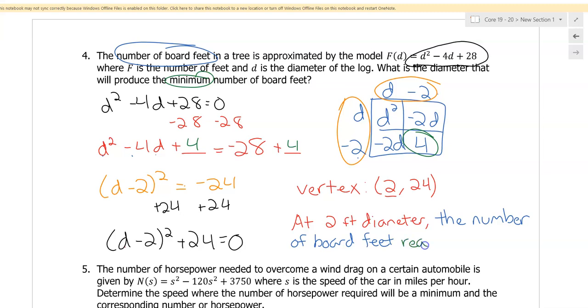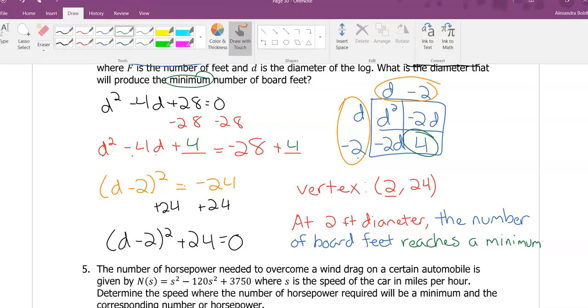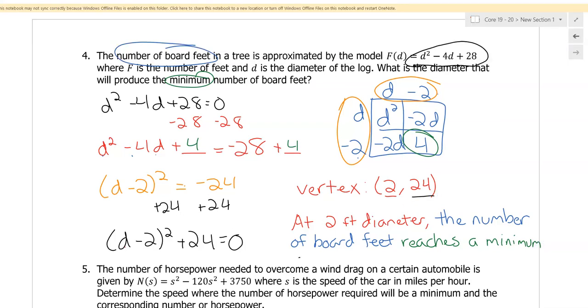So reaches a minimum, and then our y value of 24 feet.